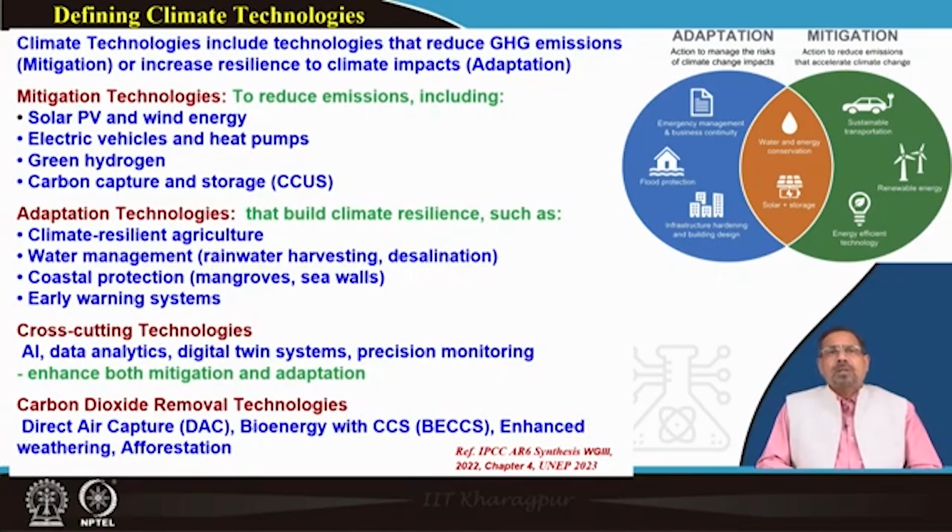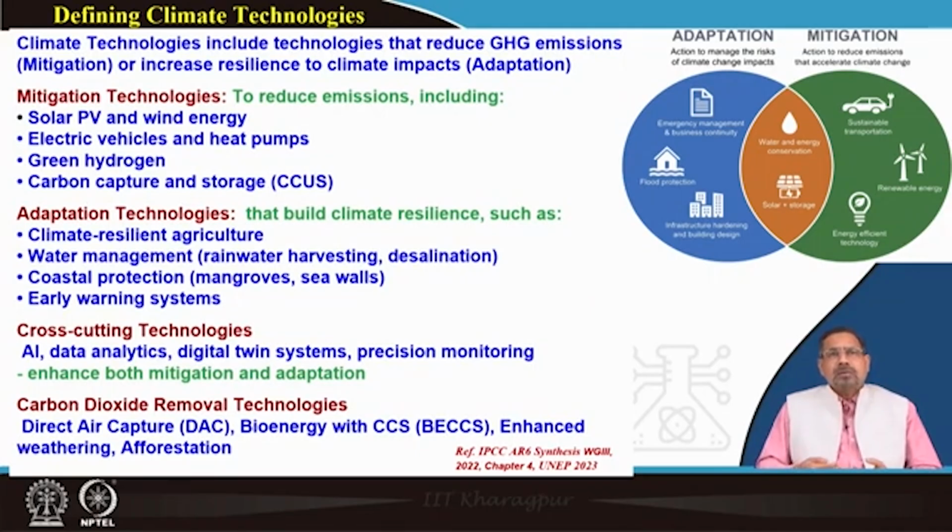Now, coming to the adaptation technology that builds climate resilience, such as climate smart agriculture, or climate resilient agriculture, and water management technologies such as rainwater harvesting, desalination, coastal protection such as mangroves and sea walls, and also early warning systems such as EWS.